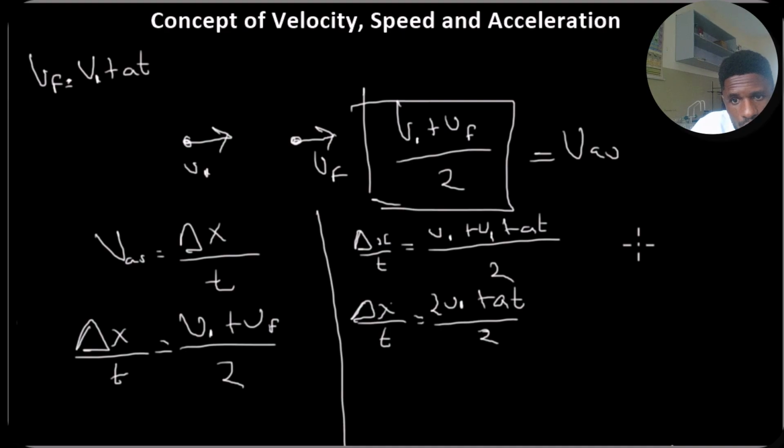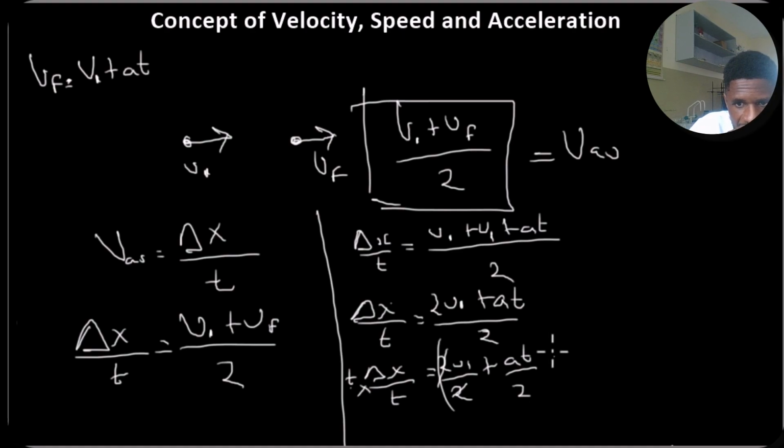All right, so now I can say delta x over t is equal to 2vi over 2 plus at over 2. So 2 cancels out 2. After this, I want to multiply both sides by t. So multiply this by t, then multiply everything here also by t.